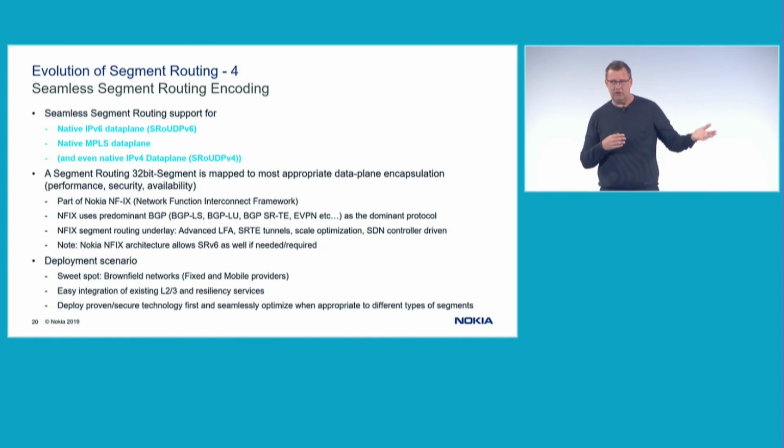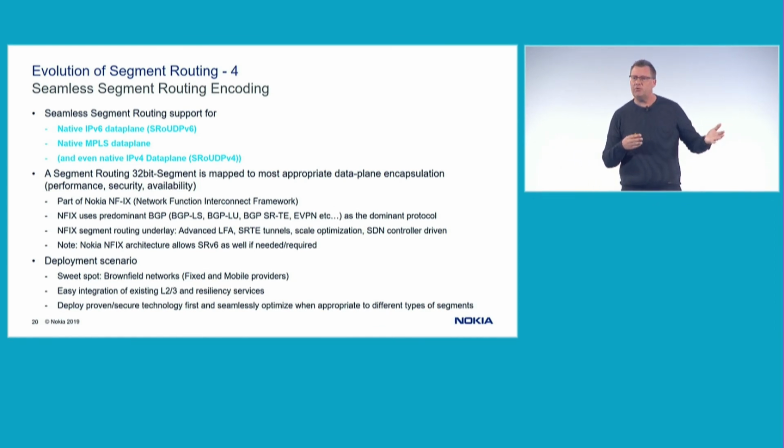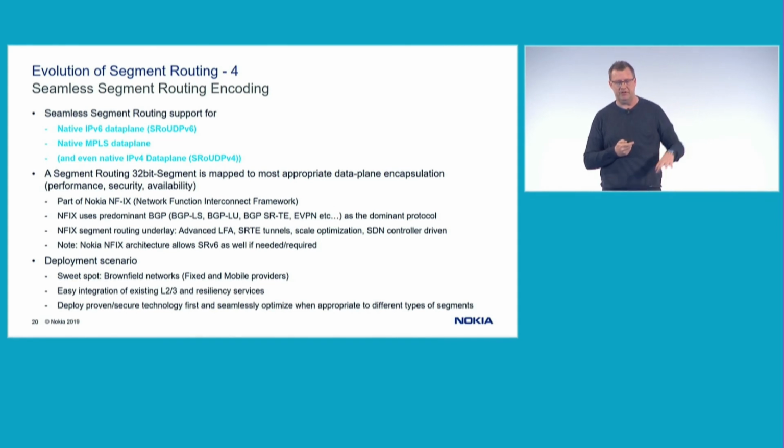We can go to the other one also if there is really a need. Until now, we haven't seen a very good reason to go to 128 bits. So the deployment scenario for this one is really brownfield networks. If you have a mixed environment, this is the perfect way of going there.